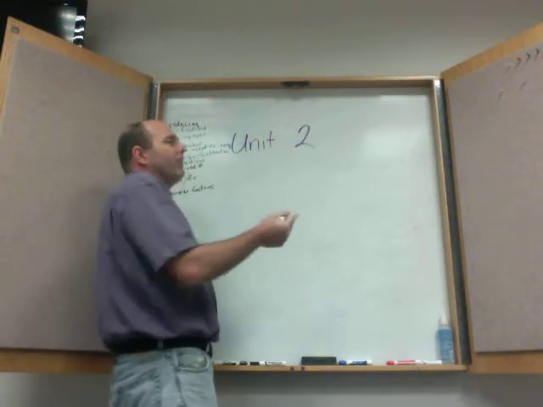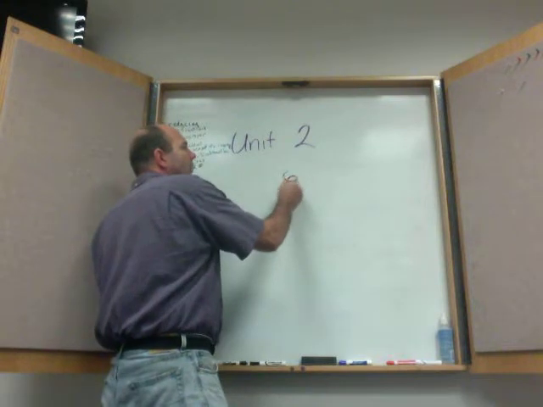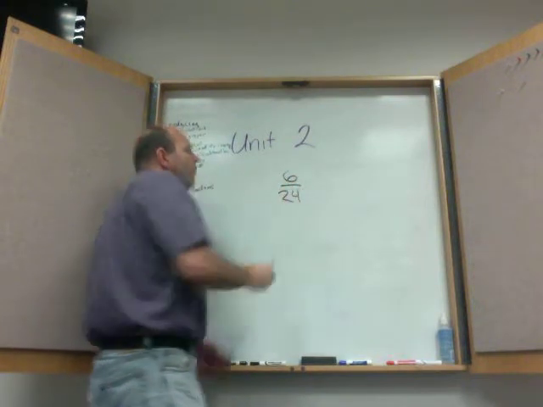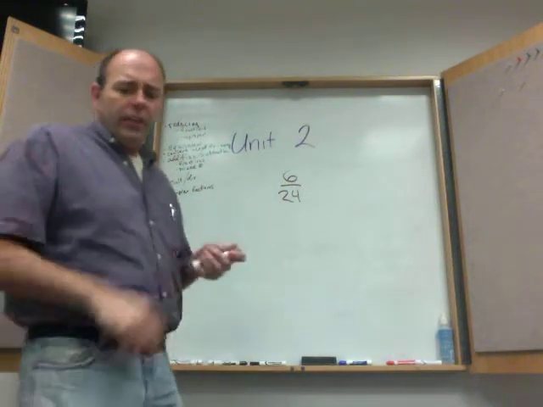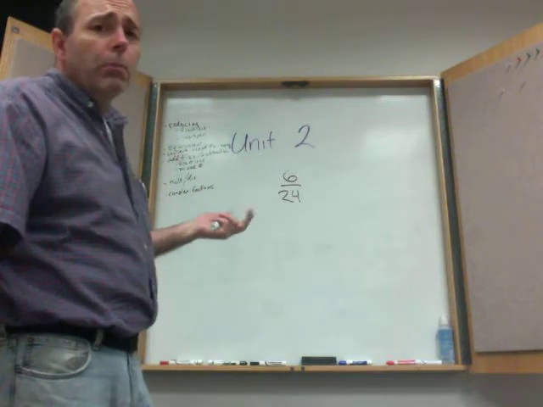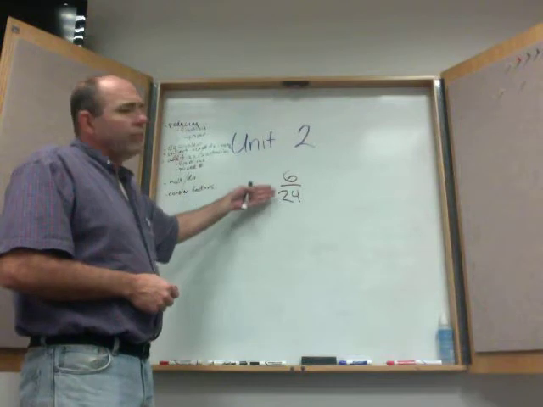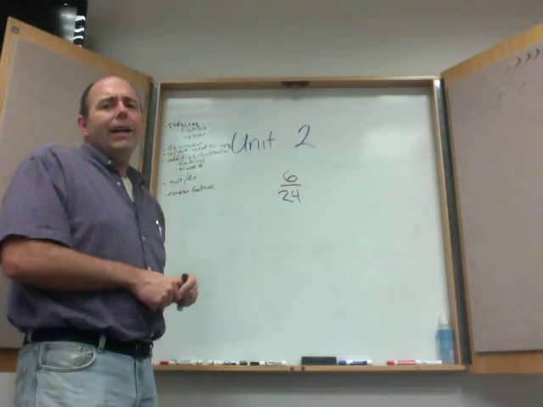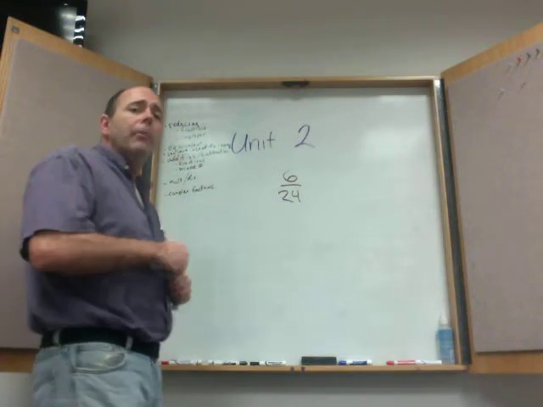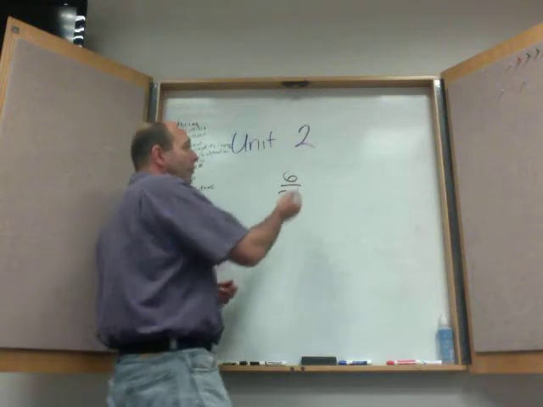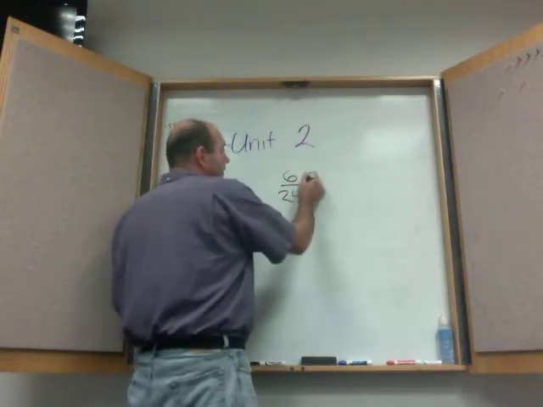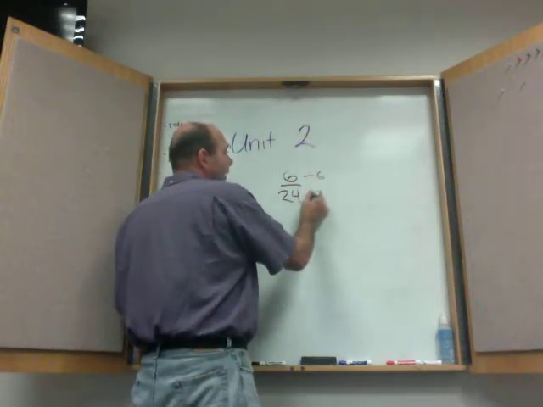So if I have a fraction that looks like this, what I'm trying to do then is see what is the simplest form, or what is the greatest common factor of 6 and 24, and divide that out of both the numerator and the denominator. And it happens to be 6, so I'm going to divide by 6, divide by 6.